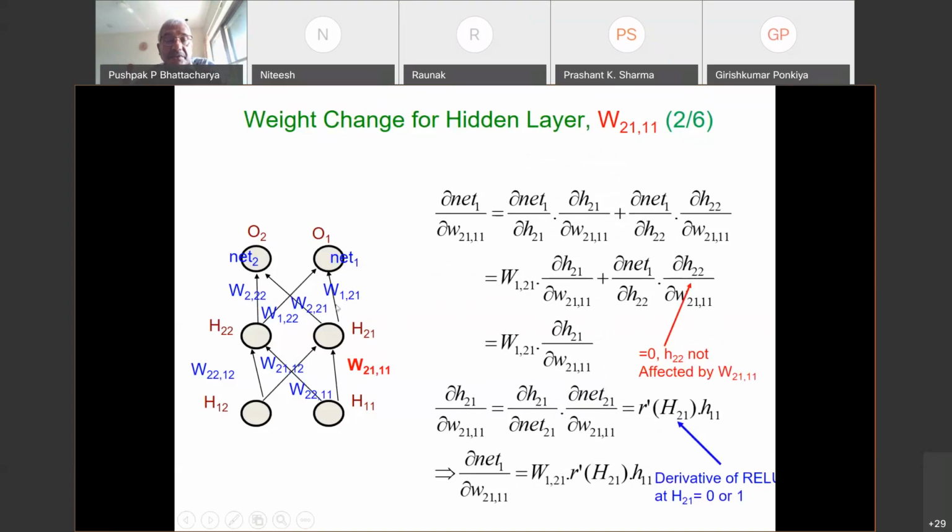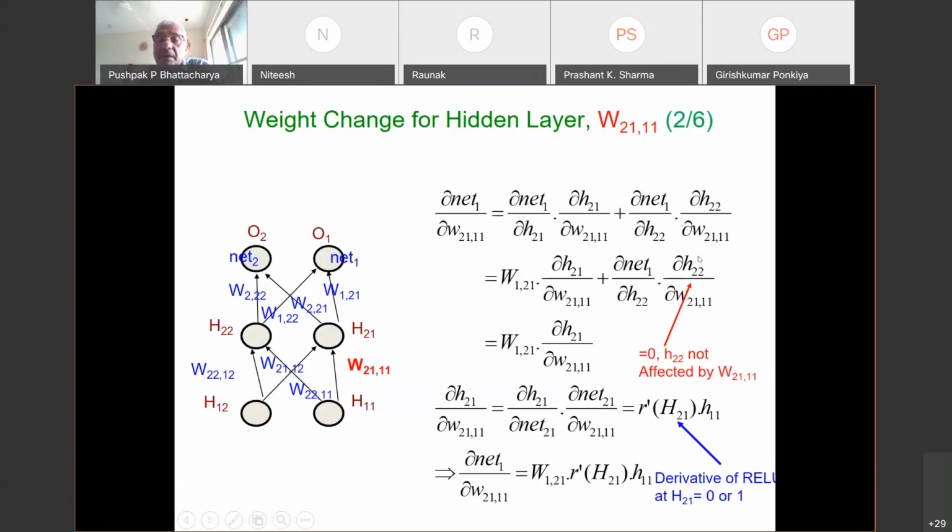Net 1 is a function of H22 and H21, and W211 influences both H22 and H21. So apply partial derivative. Delta net 1 delta W is delta net 1 delta H21 delta H21 delta W plus delta net 1 delta H22 delta H22 delta W.